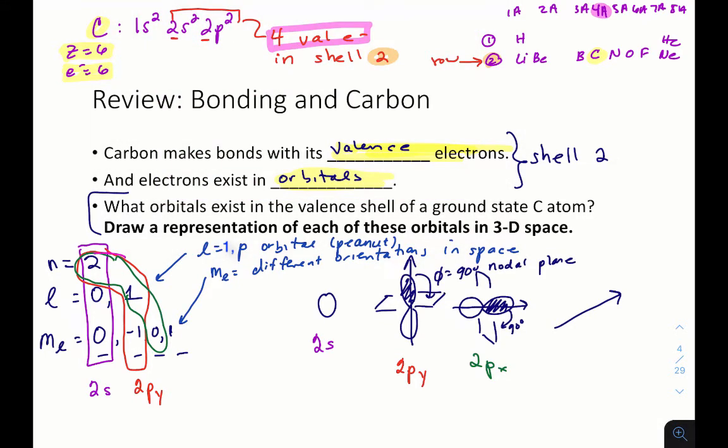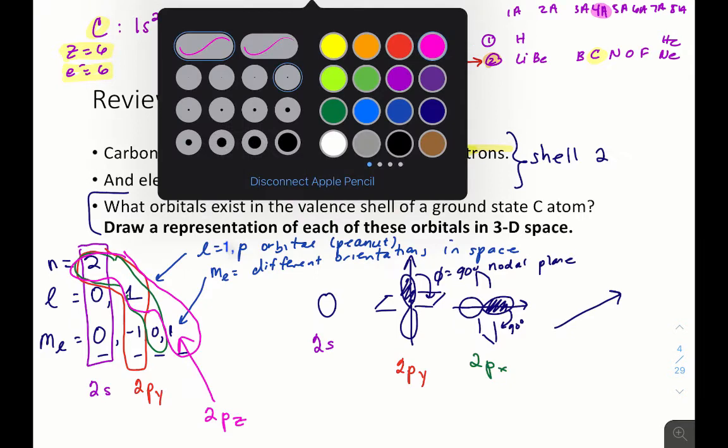And then finally, when n equals 2 and L equals 1, there is one more option for the p orbital. The p orbital might have a magnetic quantum number of +1, and in that case, what results is the 2pz orbital, which will be aligned along the z-axis.